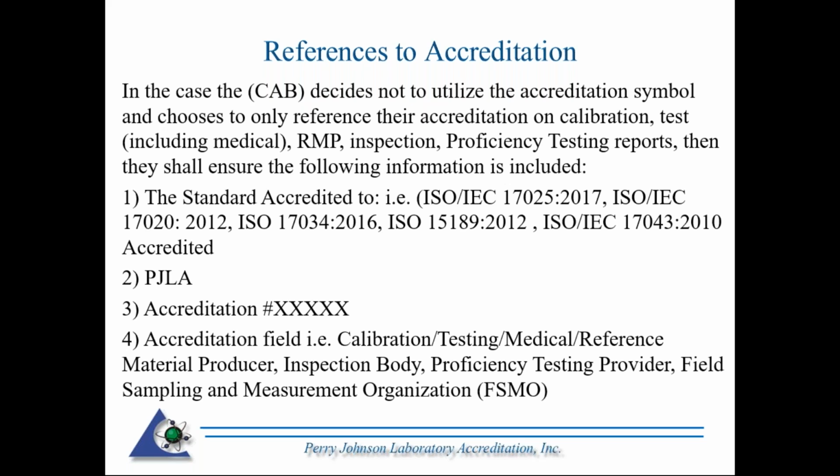You have to reference the unique accreditation number, and then the accreditation field, your calibration, testing lab, or so forth as specified there. So in other words, you can put accredited to ISO IEC 17025:2017, PJLA accreditation number 12345, for example, and you have to specify what area it is, calibration, testing.